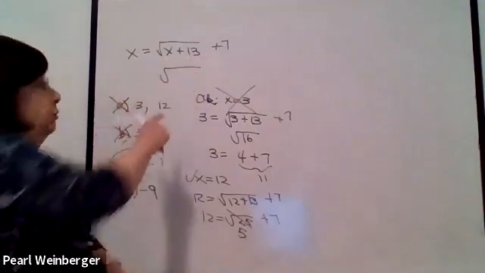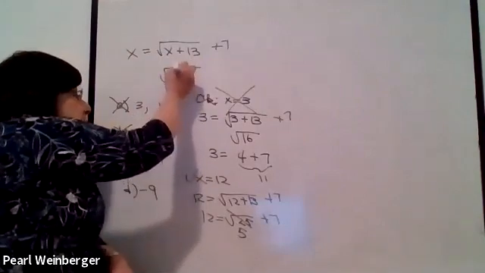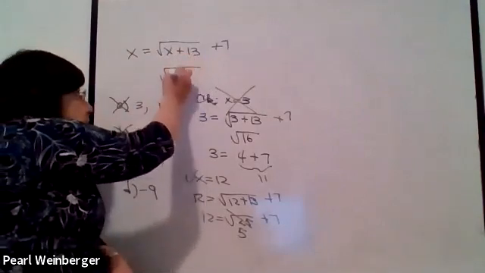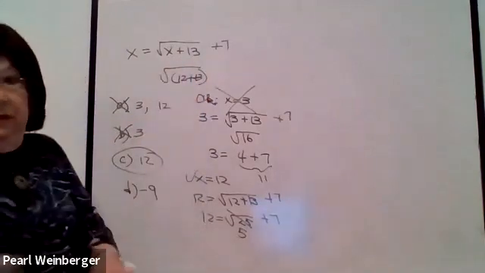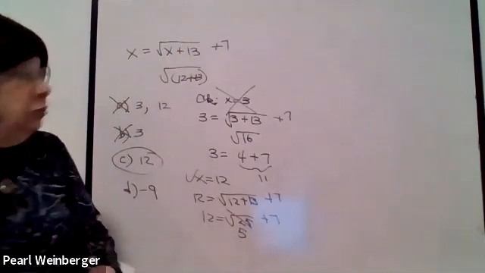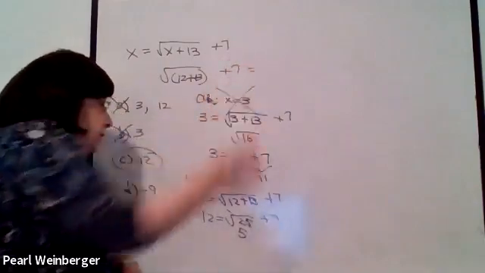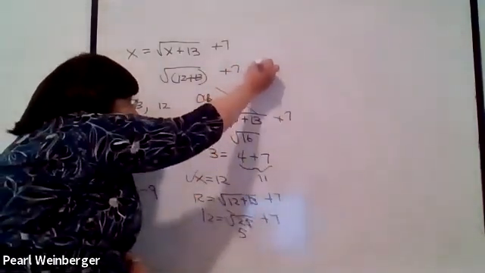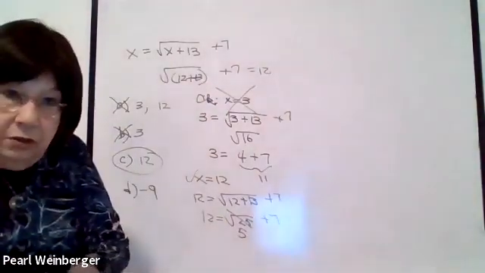Now, in your calculator, when you use the square root, you usually have to put in a parentheses. You would put in the 12 plus 13 and close the parentheses. So that means you're not going any further on the square root, and then plus the 7. And if you do that and you press equal, it should give you 12. I don't know if that's what your question is. Yeah, that was what I was asking.